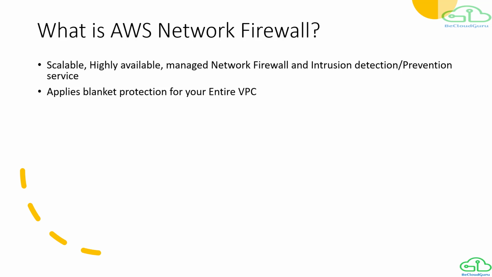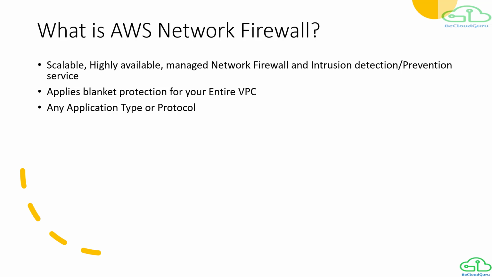Other than that, the web application firewall is basically for your specialized web application use cases, which works on layer 7 of the OSI model, while your AWS Network Firewall will work from layer 3 to layer 7 of the OSI model. That's why it gives you blanket protection for your VPC by protecting any application type on any port which is using any valid protocol.